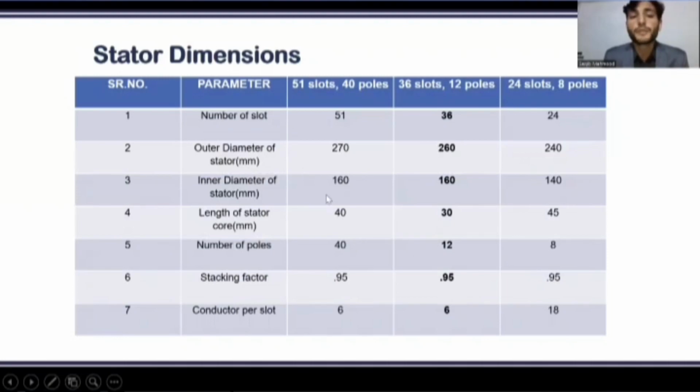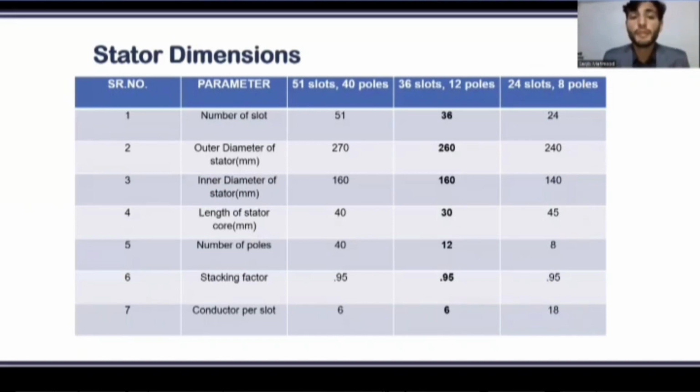From this table, we can see that the stacking factor is kept the same for each motor. Stacking factor is the ratio of the actual length of the stator divided by the length of the steel, only steel.